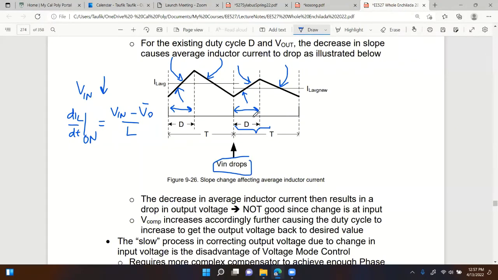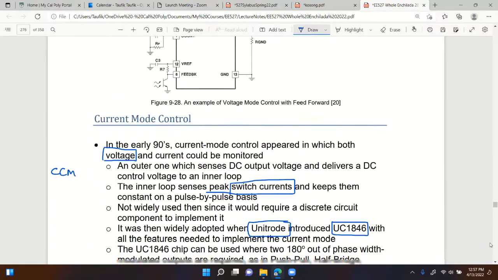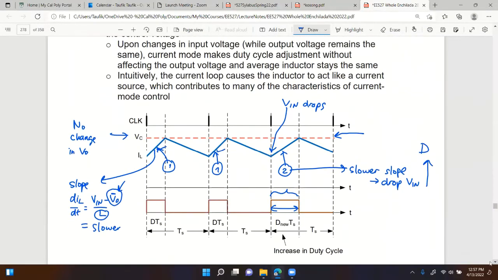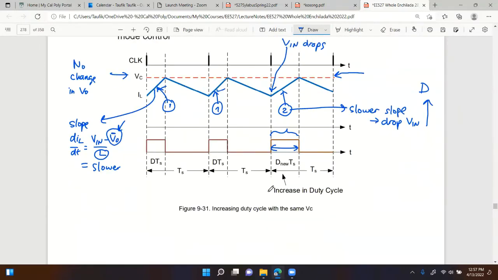The duty cycle stays the same until the current goes to the output. In current mode, right here, V in drops right there. Right away, duty cycle already increases. Cool, isn't it? So that's how current mode control is better.